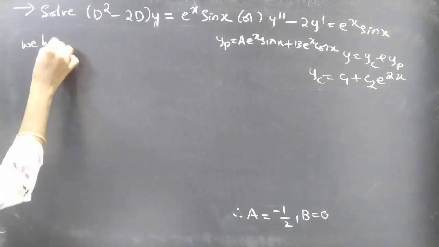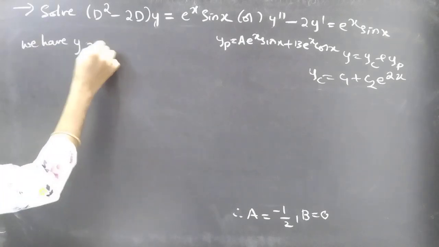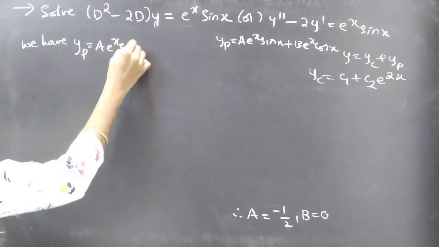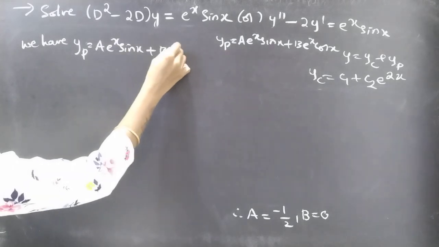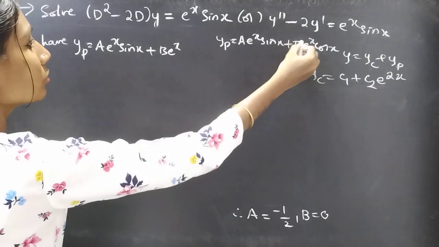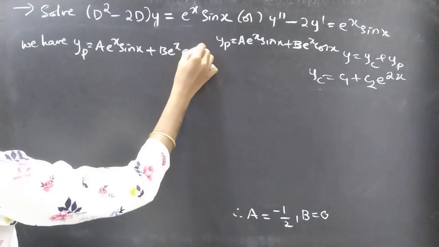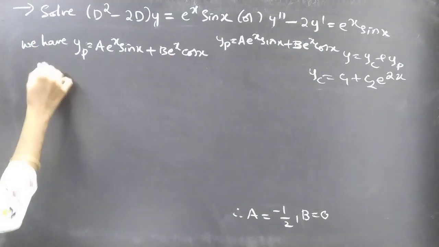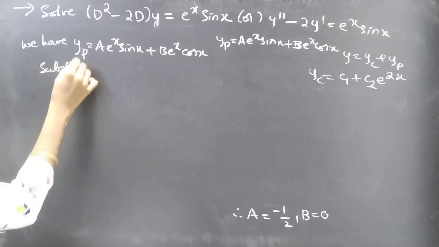We have yp equal to a e power x sin x plus b e power x cos x. Substitute the values of a and b here.